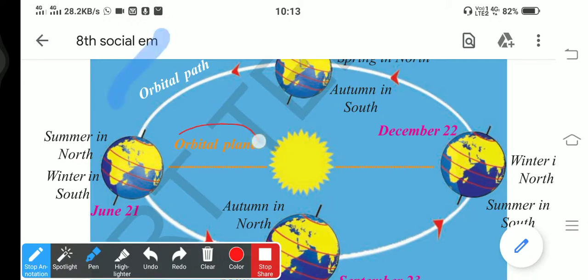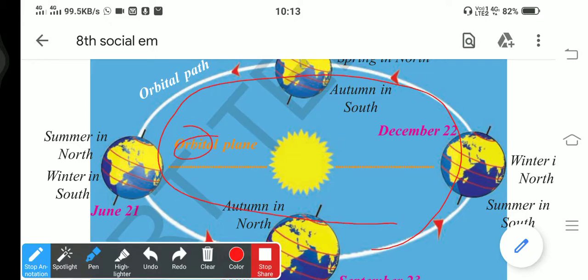So this is called the orbital plane, the orbit of the earth. The earth rotates and revolves in a regular path around the sun, which is called the orbit. So while revolving around the sun in this orbit, what happens?